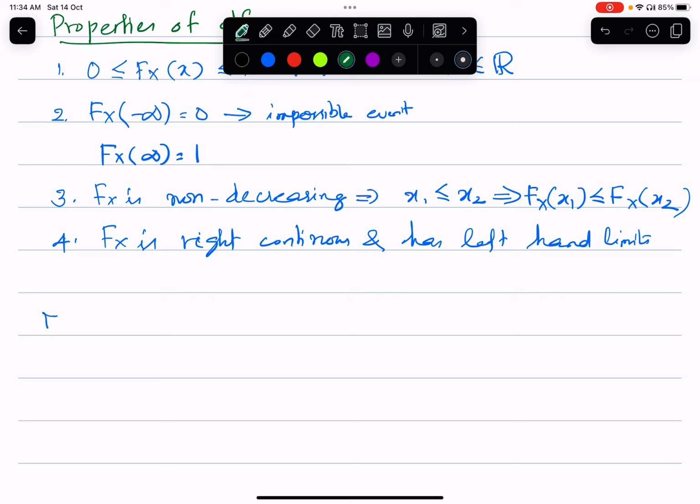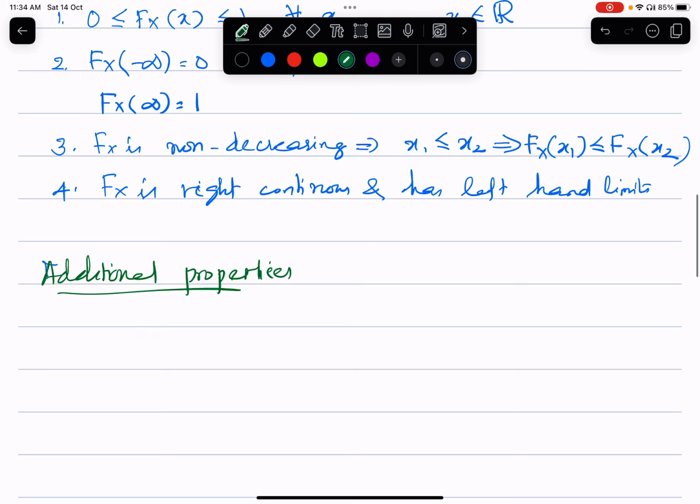Some more additional properties. This actually helps us to find the probability at a particular point of a random variable. So F_X of x plus, where we are approaching a point from the right side, minus F_X of x minus is equal to F_X of x minus F_X of x minus.